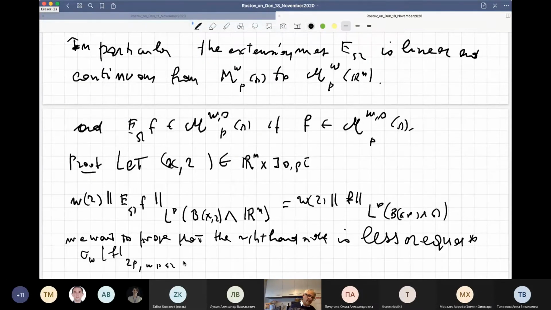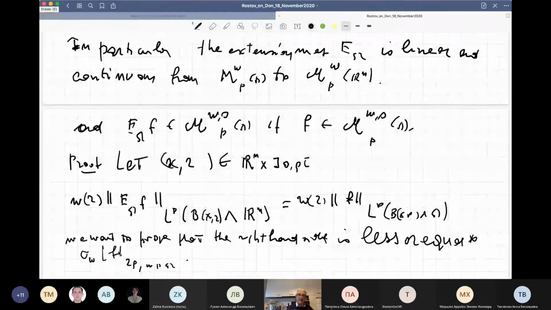This is what we want. I want to estimate this right-hand side in terms of this number here. So this is what we are trying to do now.